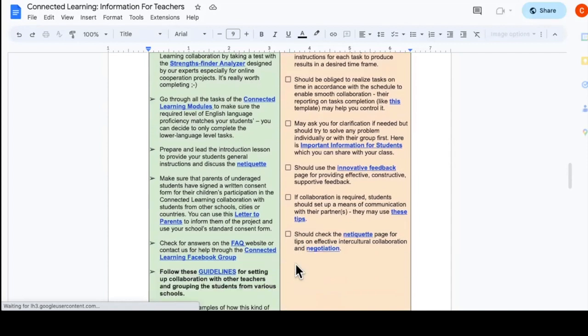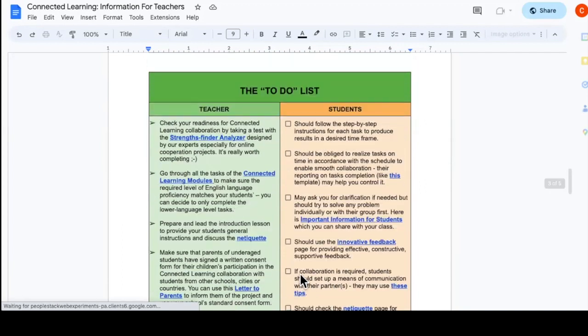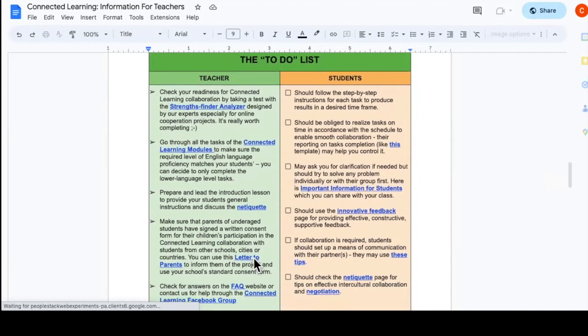As you can imagine, every link is another document that is helpful to you. There's an example of a letter to parents. There's an example of netiquette. There's important information for students on how to give feedback, because the students are providing comments and feedback to each other.